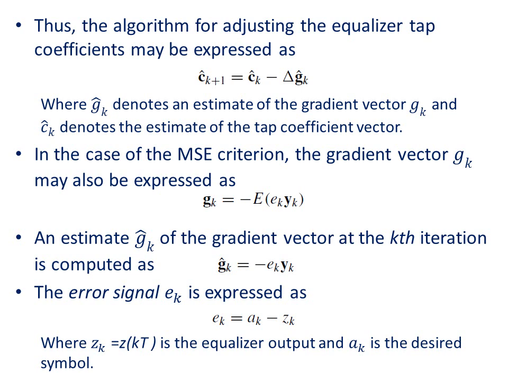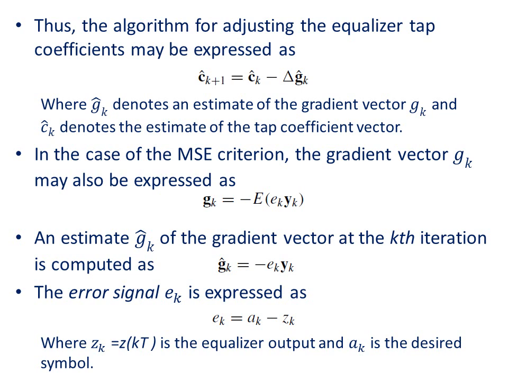In case of the MSE criteria, that is mean square error criteria, the gradient vector G_k may also be expressed as G_k is equal to minus of expectation of E_k into Y_k.